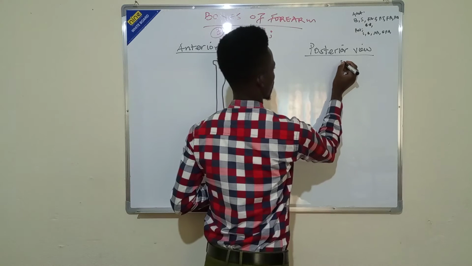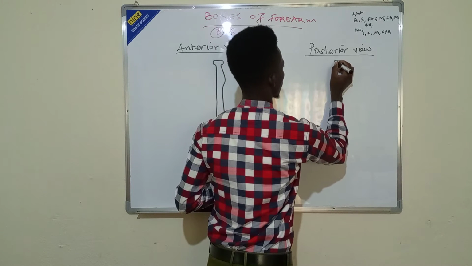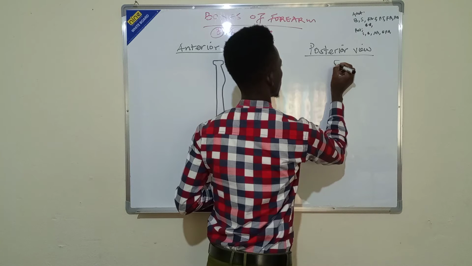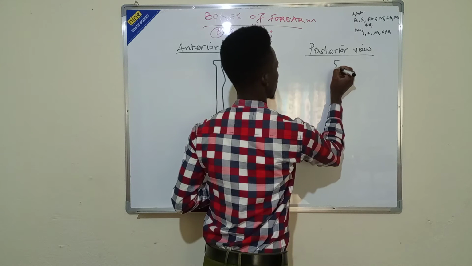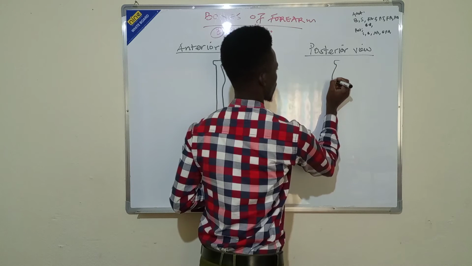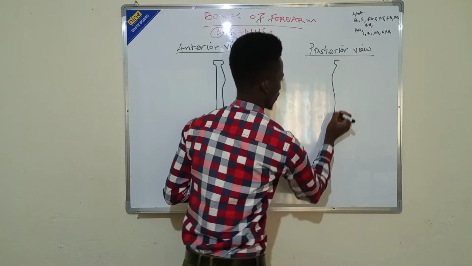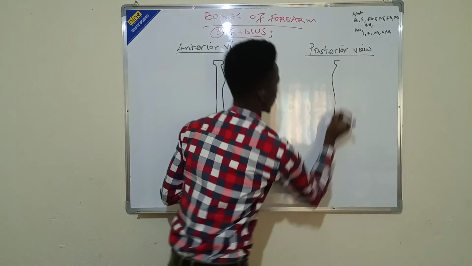So on the posterior aspect, still we have our head giving rise to a neck, the neck giving us a prominent structure there, then the body, and then down here.